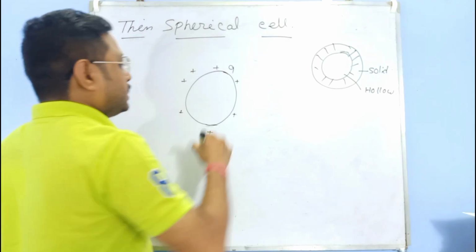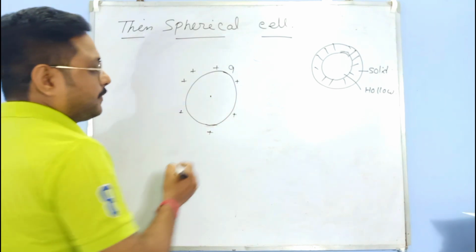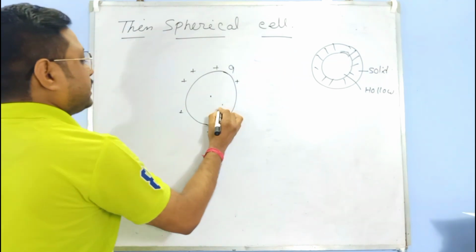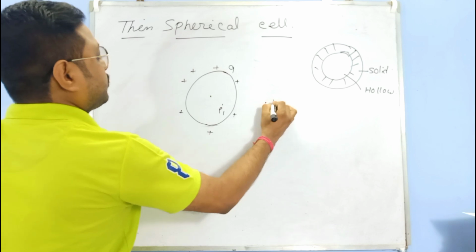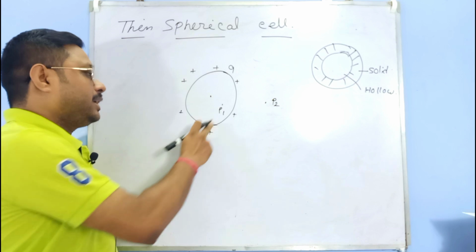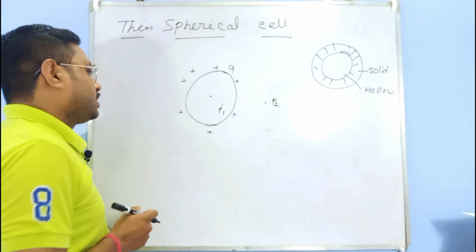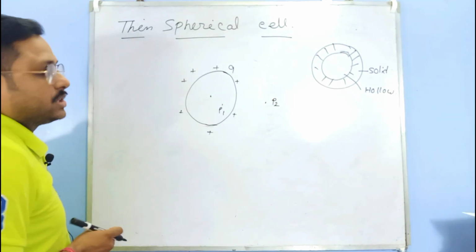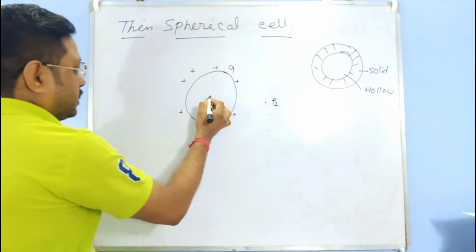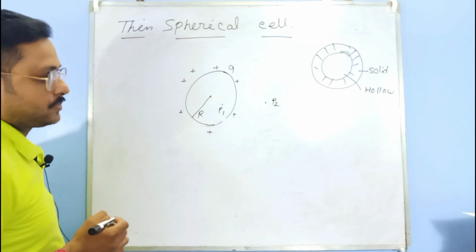We have to find out the electric field at an internal point P1 and an outside point P2. How can we find out the electric field at P1 and P2? At first we have to draw two Gaussian surfaces. The radius of the spherical shell is r.